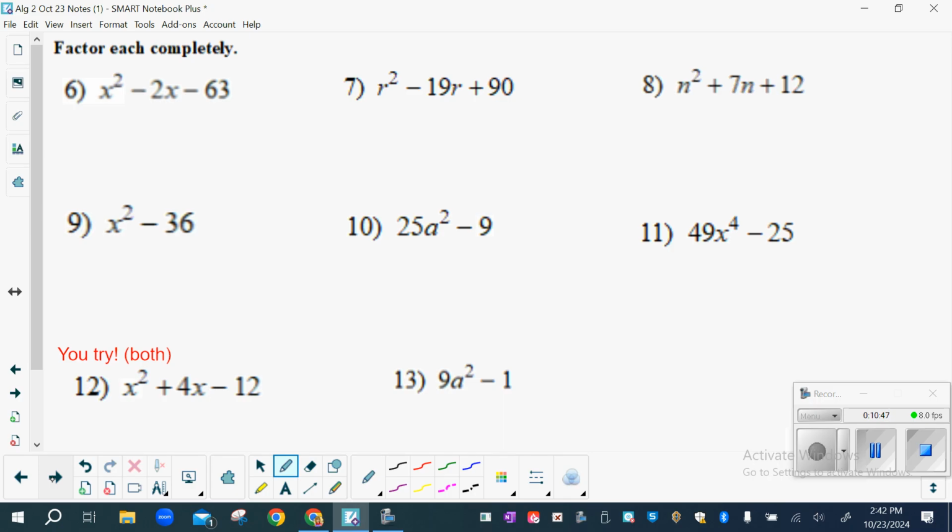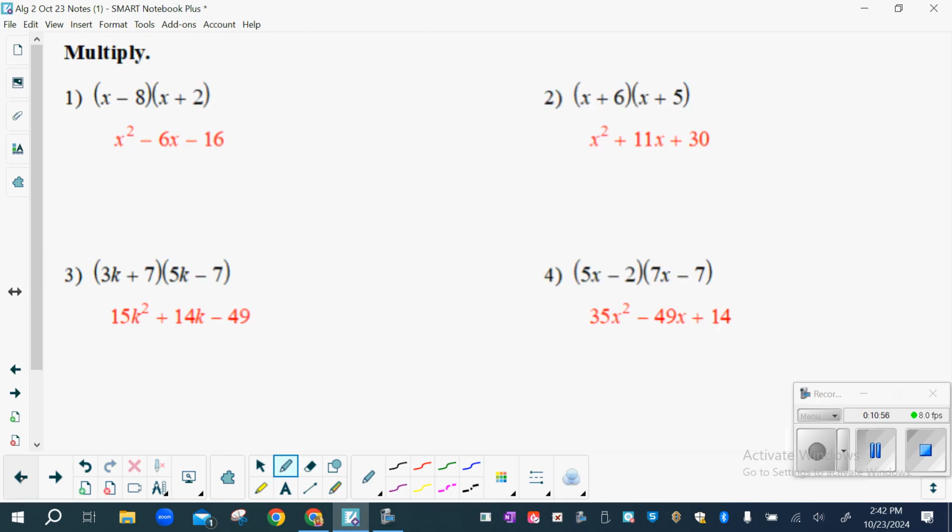And so notice, how many terms are there on all three of those? 3. Notice on our warm-up, on all those answers, do they have an exponent of 2? And how many terms do all of them have in their answers? 3.